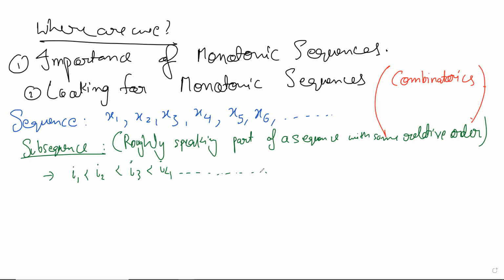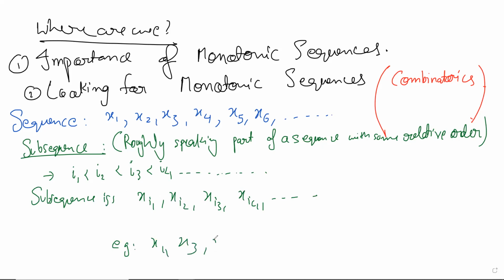These are the indices, and our subsequence is x_{i1}, x_{i2}, x_{i3}. For example, you could just take all the odd terms. Is the notation clear? Then in this case, what would i1, i2, i3 all be?